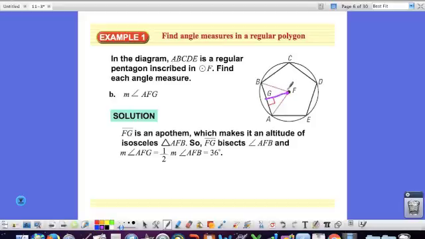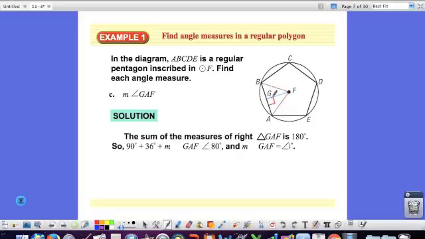So since this whole thing was 72, that's made up of two 36-degree angles. We could also find the other angle here, because if this was 36 and this was 90, we subtract and we get that this angle is 54 degrees.